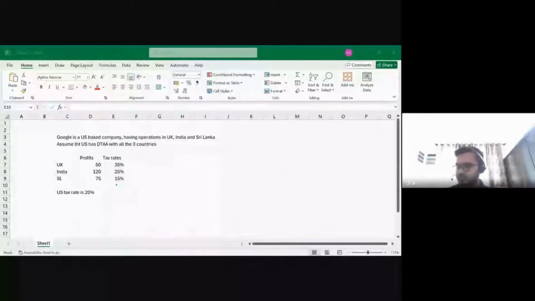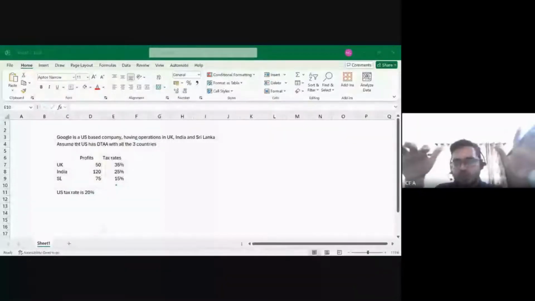So over here, DTAA, what it tells you is that if at all there is a double taxation avoidance agreement that you have in place with some other country, they will say, okay, whatever taxes that you have paid over there will allow you to offset those taxes when you're computing the taxes in US.